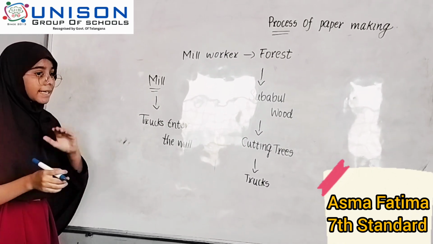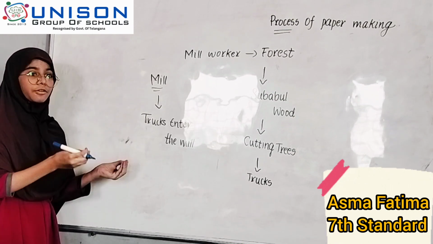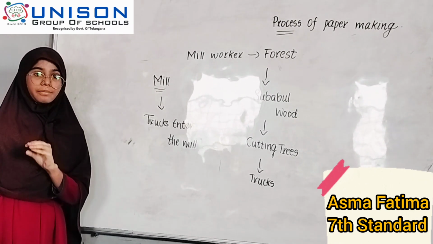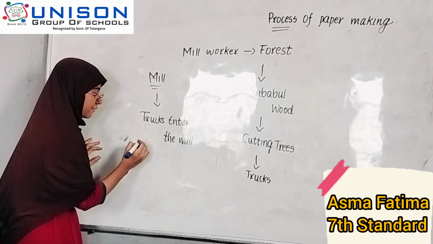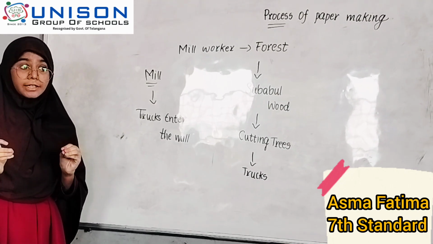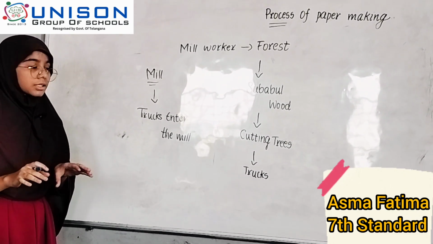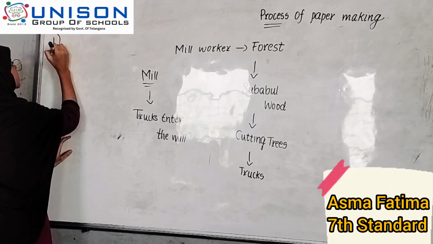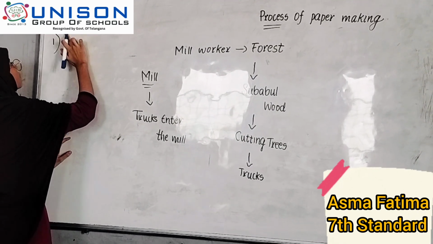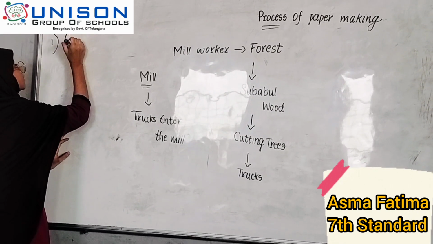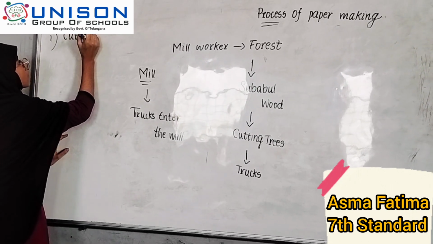After the truck is taken into the mill, the pieces of the trees are taken out of the truck. After they take them out, the real process starts here, and many workers are appointed. Workers start doing their work. The first process is cutting the trees into chips.